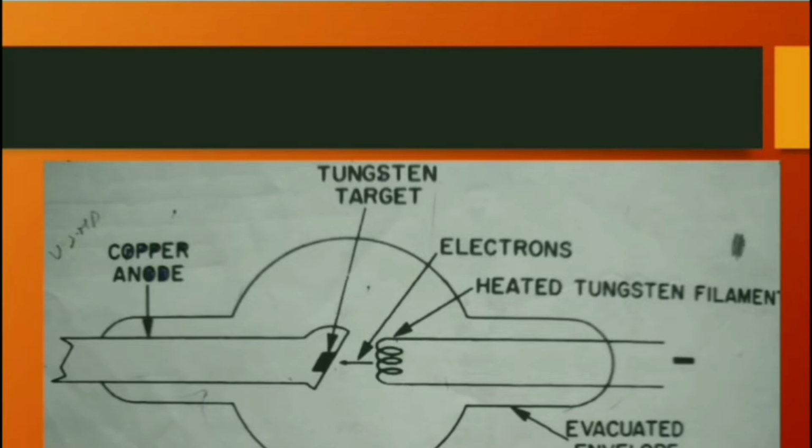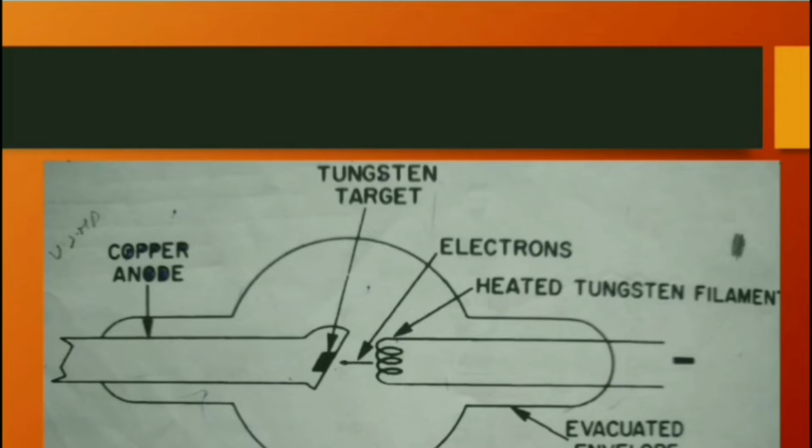The cathode is a part of the X-ray tube and those electrons are accelerated towards the positive anode by a high potential difference. Potential difference is a voltage here. We can say an electric pressure is given to the cathode. The question is, how are electrons produced in an X-ray tube?